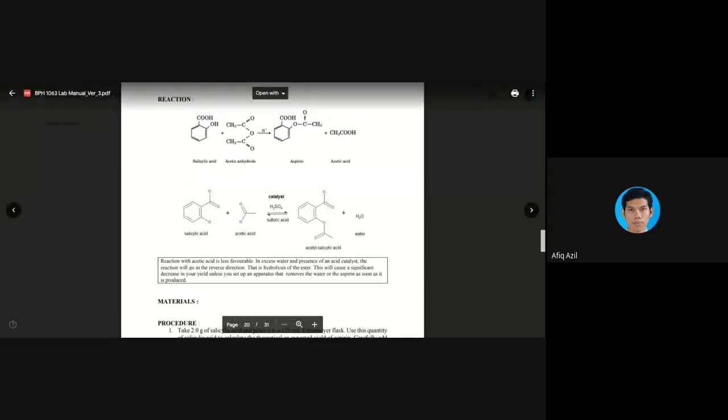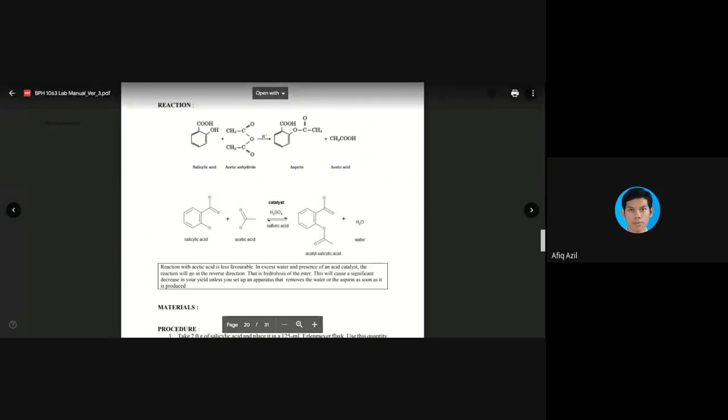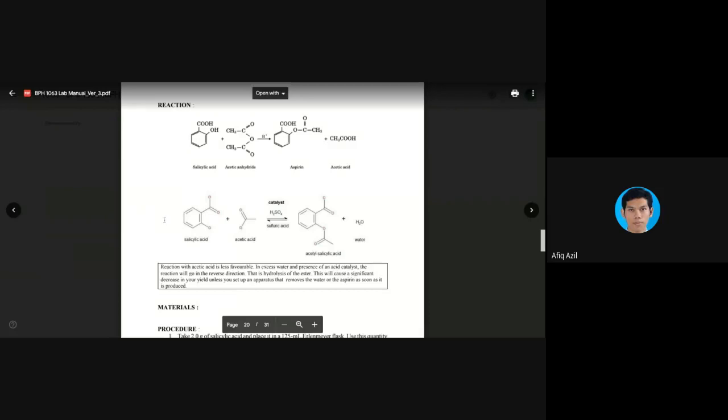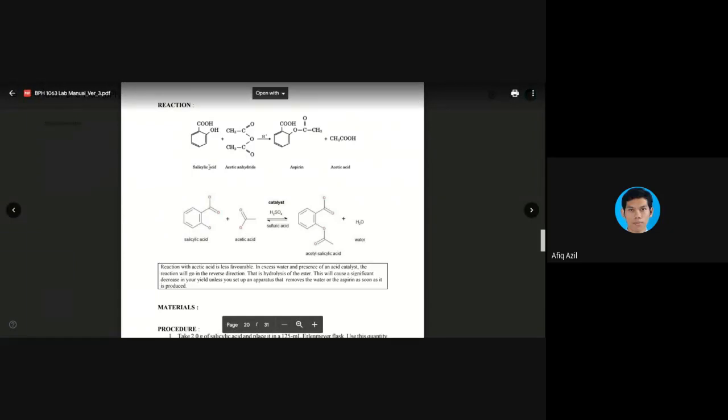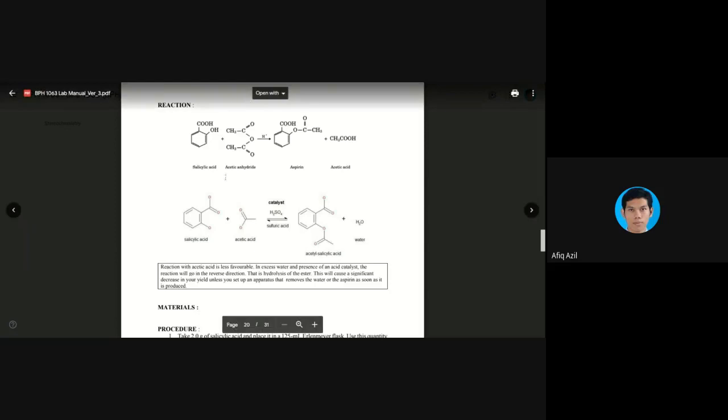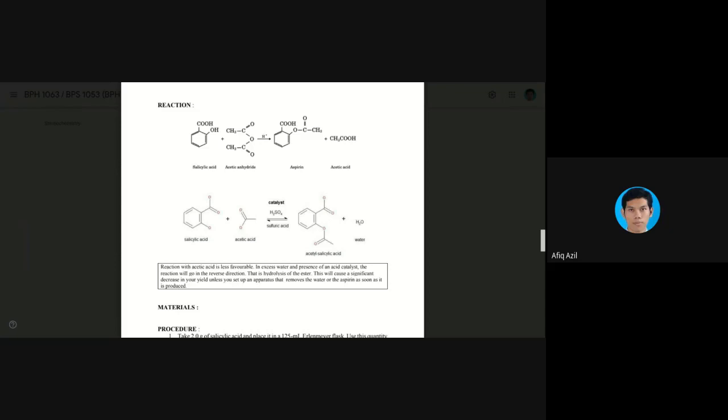But if you are doing this in the lab, on campus, you will follow the second reaction pathway, because you will use acetic acid instead of acetic anhydride. Acetic anhydride is classed under Jadual 1 by NPRA, the National Pharmaceutical Regulatory Agency, because it can be used as a precursor to produce morphine.